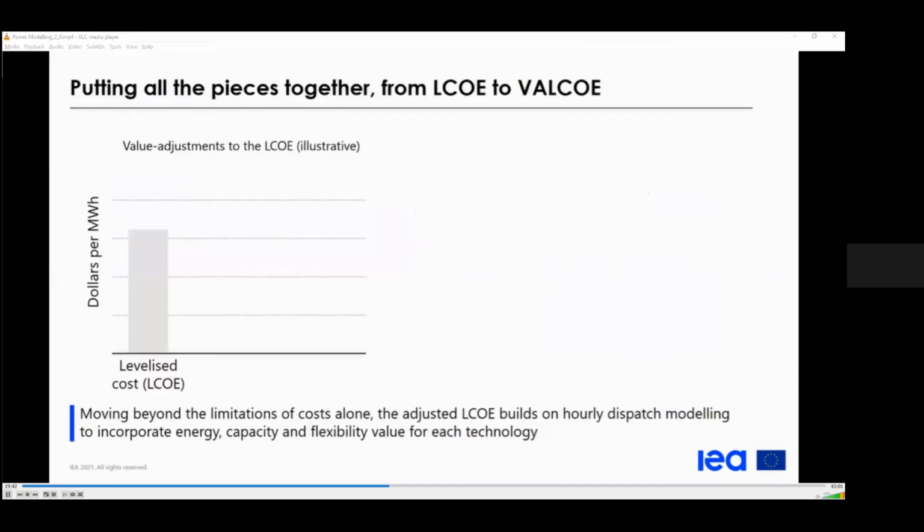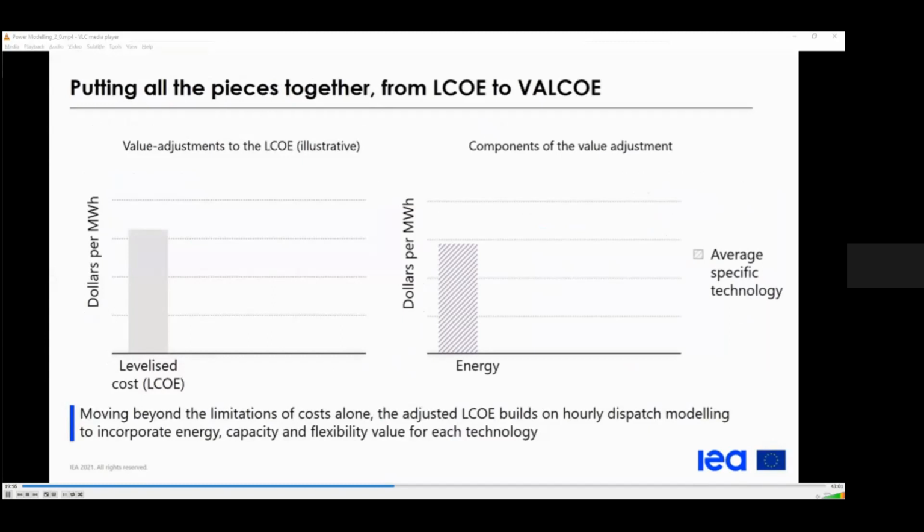Now, how do we put all the pieces together? For a particular technology, we start with the LCOE. Then we would simulate in a given year the energy value for this technology. We do that for all technologies, so we are able to compare to the average energy value of the system.